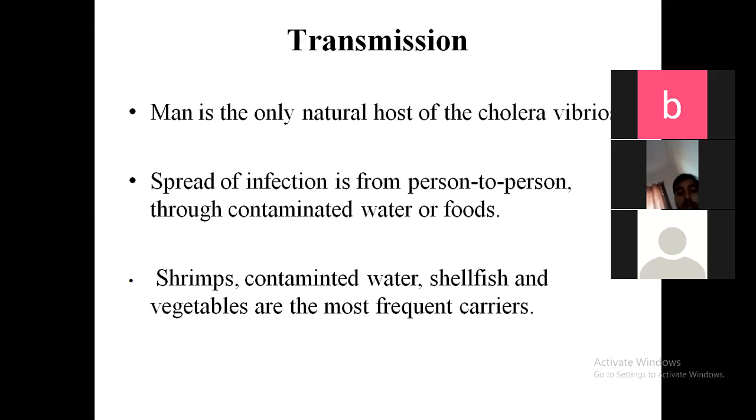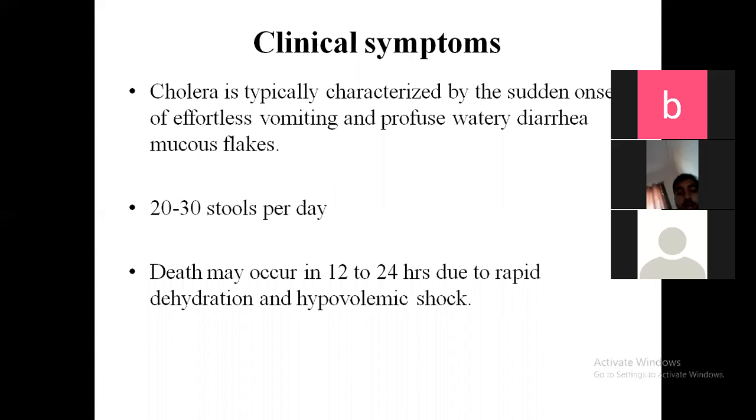But at that time it was a very serious disease. Shrimps, contaminated water, shellfish, and vegetables are the most common carriers. Symptoms are again vomiting, diarrhea, and 20 to 30 stools per day. Just see that frequent loss of water occurs, almost 20 to 30 times in a day. This makes a sudden depletion of water in the body.